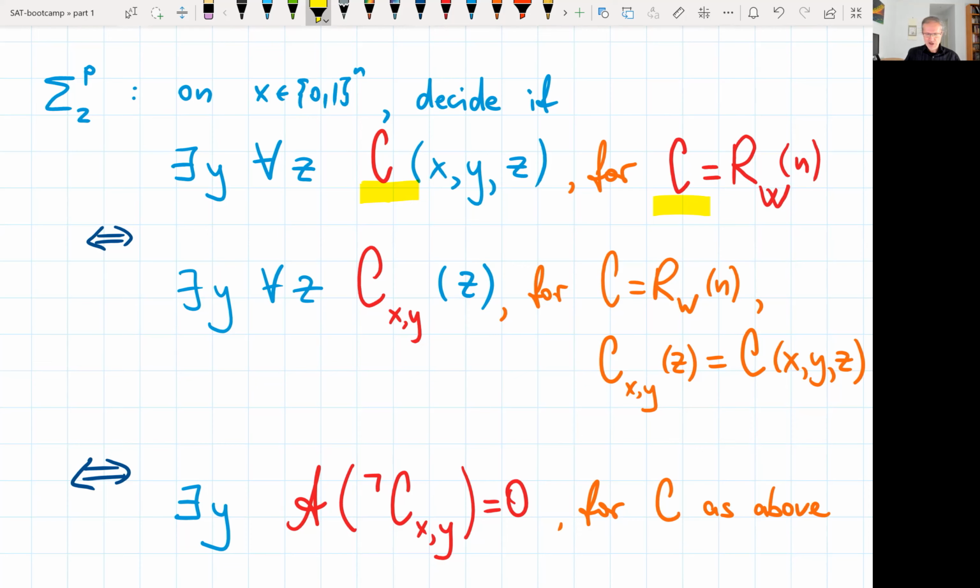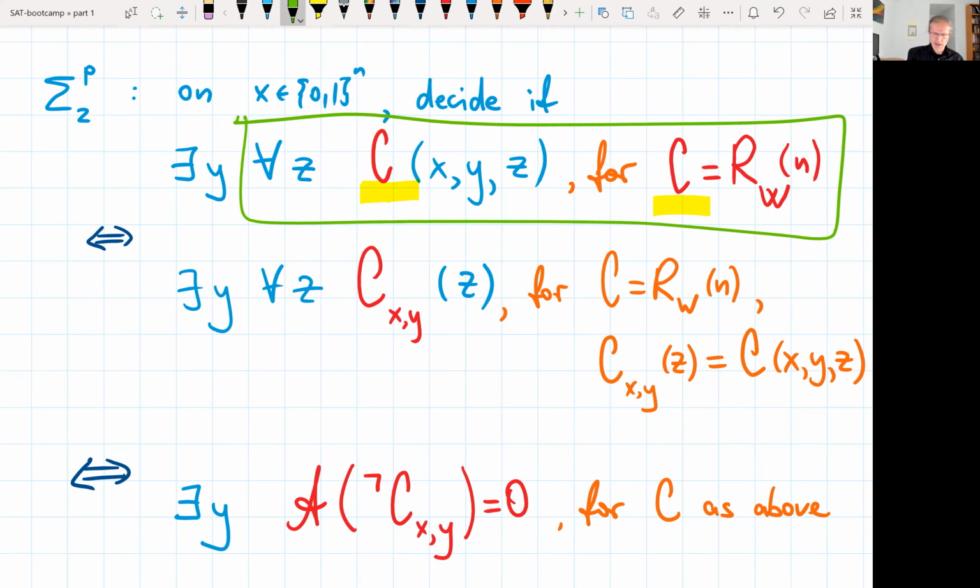And now let me think about the internal part here as a separate problem, or rather I should also include the last part. Okay, so let me look at the inside problem. Ignoring quantification over y, just look at x and y both as inputs, and I want to know if for all z, C of x, y, z.